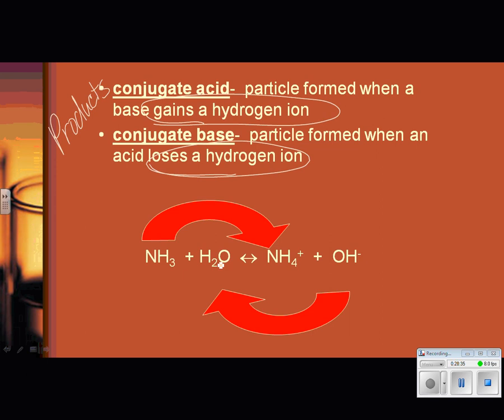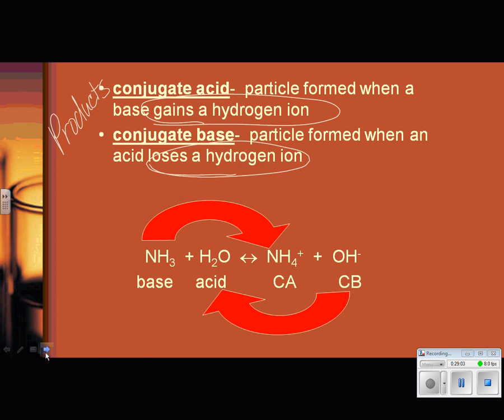Then this was my acid, so this became my conjugate base. So really their conjugate is the opposite word. The base gained the hydrogen, so that makes it my conjugate acid as the product. And the acid lost the hydrogen, so it became the conjugate base.